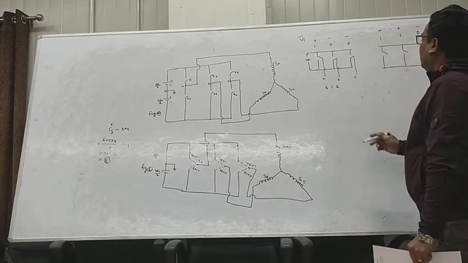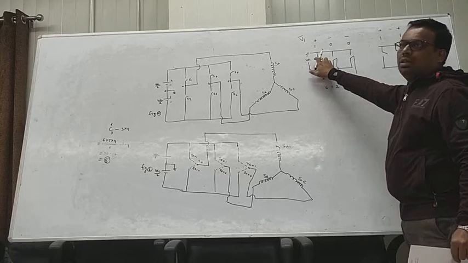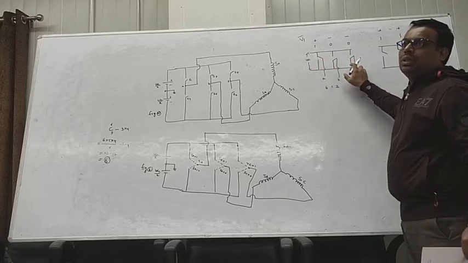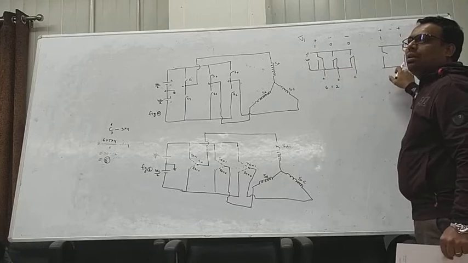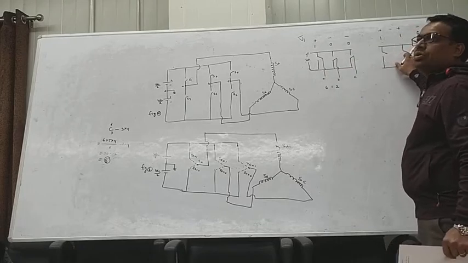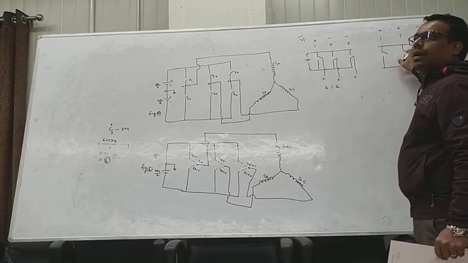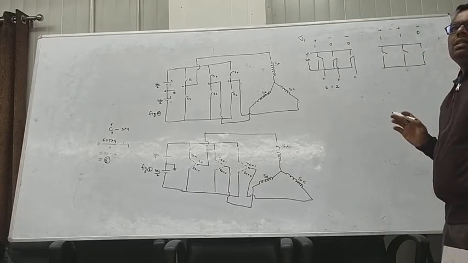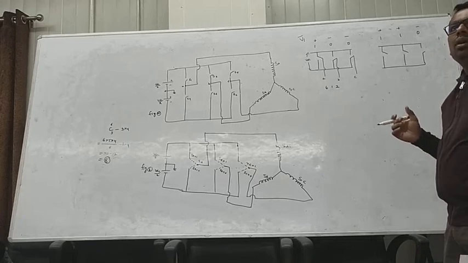In the first case, I turned on one upper switch and two bottom switches. In the second voltage vector, I turned on the two upper switches, S1 and S3, and one lower switch, S2.